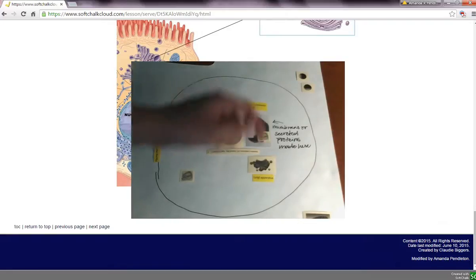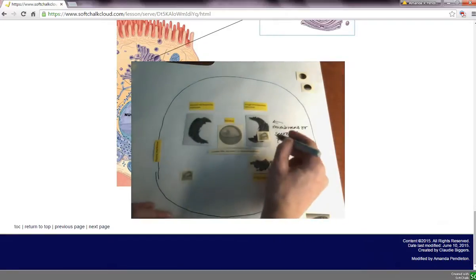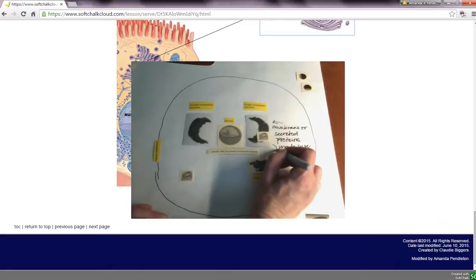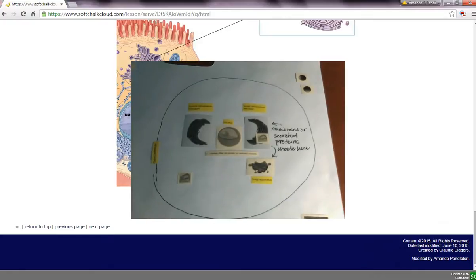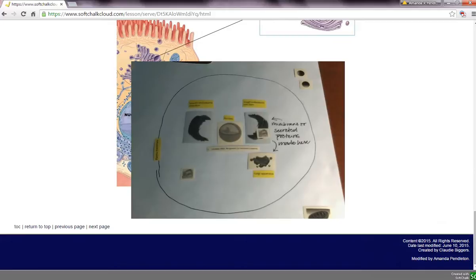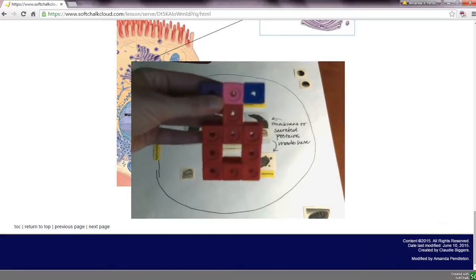So proteins are going to travel from the rough ER. Once they're made, they travel to the Golgi. And once they're in the Golgi, it adds carbohydrates to it. Now, you tell me, here's our protein.